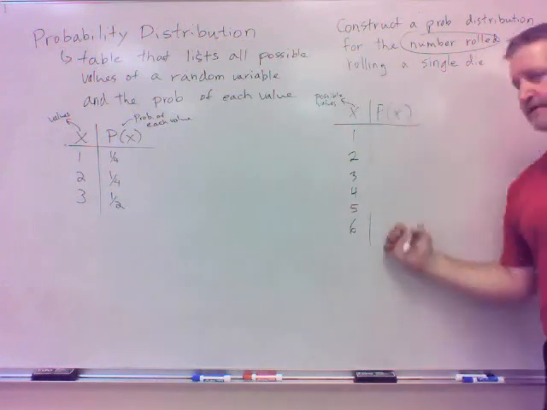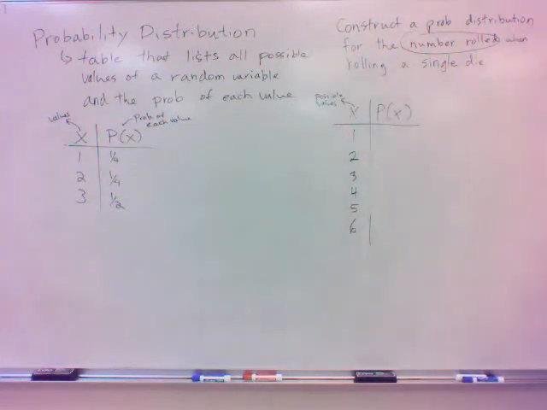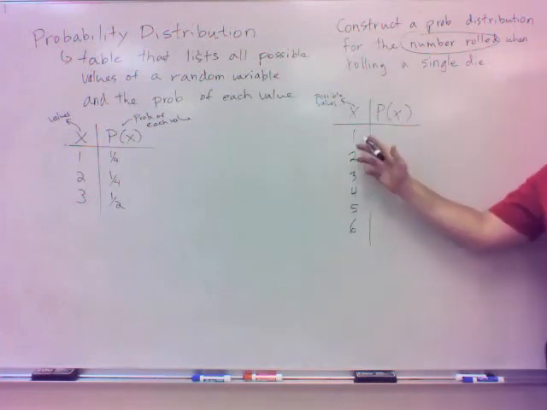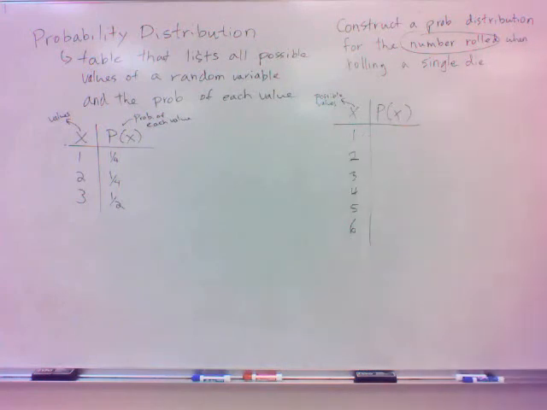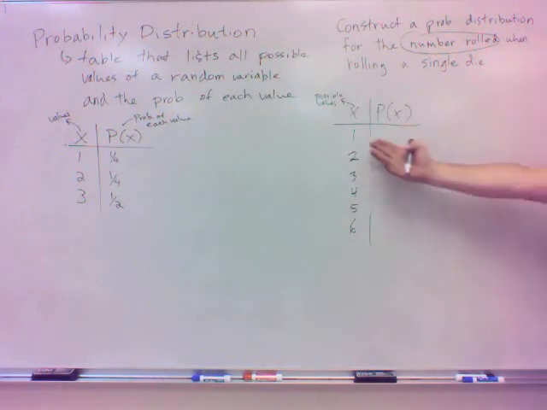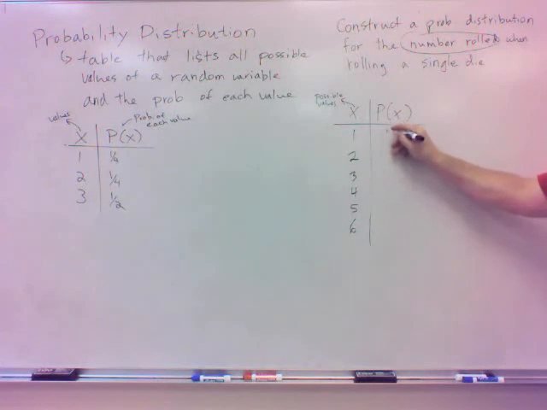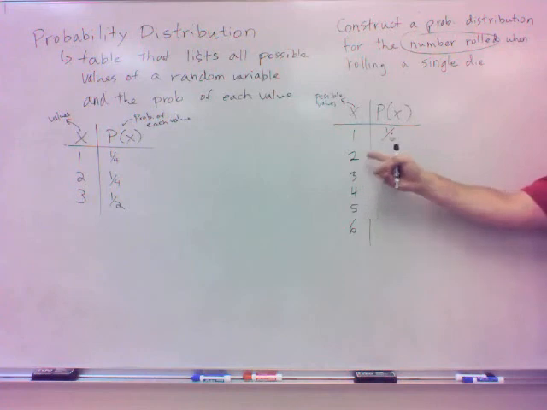All right, then alongside that, though, we want to put the probabilities of each. So I'm going to go through each one. What would be the probability that I roll a 1 when I roll a die? It's 1/6, yeah. There's one 1, and there's 6 total possibilities. Okay? What's the probability I roll a 2?